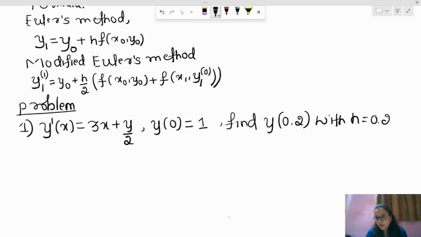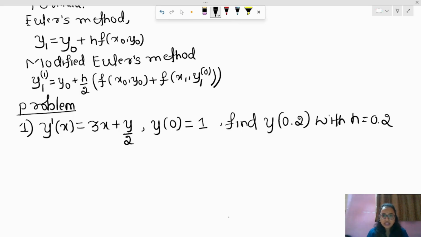For modified Euler's method as well as Euler's method, if the question takes more number of common intervals, then you are supposed to go by 2 stages, or else only 1 stage is enough. So how do we get to know whether the problem has to be done in 1 stage or 2 stages?